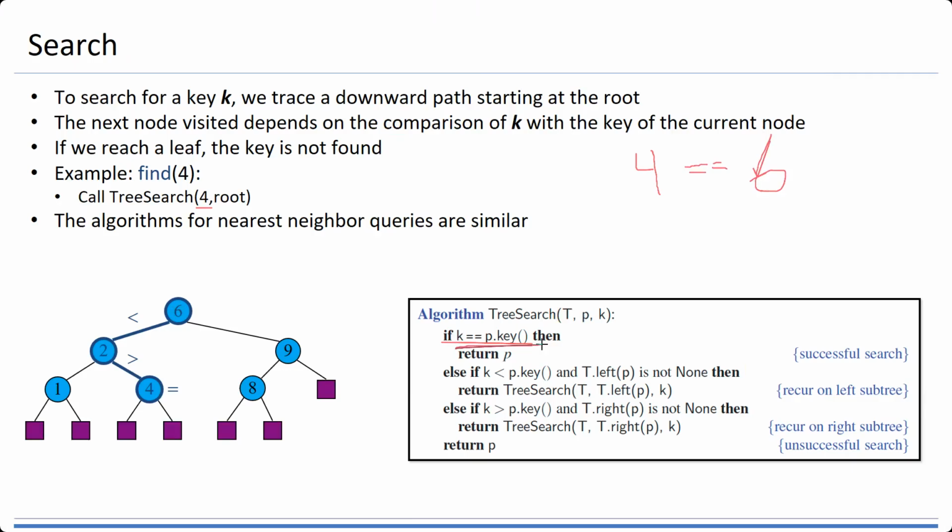Because 4 is not equal to 6, let's go to the next check: if K is less than P.key, so K is 4 and P.key is 6. Is 4 less than 6?